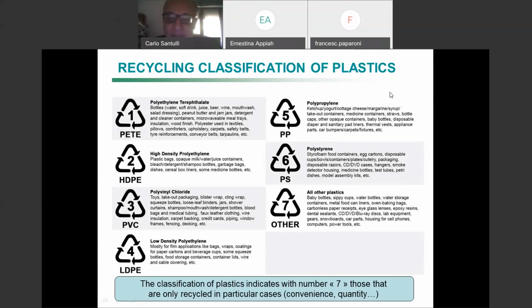Number 6, it's a problem. Polystyrene, it's a problem, especially if you have styrofoam, because with styrofoam, the operation that was made is to produce a foam with a foaming agent. The most common foaming agent, still the best one, is oxygenated water.